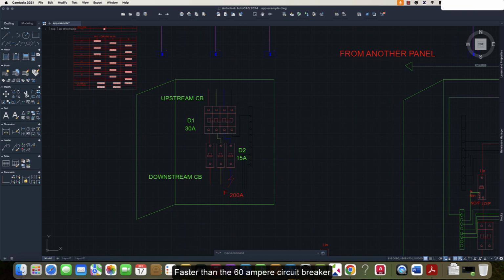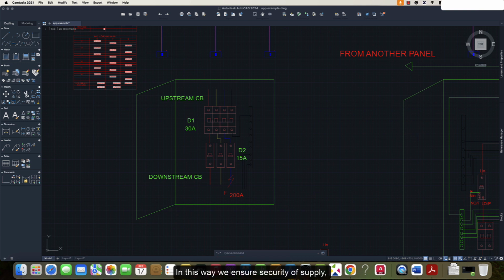So in a circuit with these graded protection devices, effective discrimination can be achieved during a fault. The 15 ampere circuit breaker will operate more quickly than the other protective devices, ensuring that it responds first to isolate the fault. This selective operation prevents unnecessary disconnection of the entire circuit.